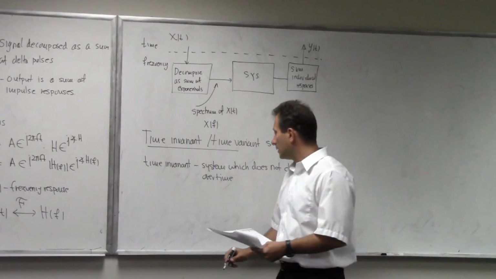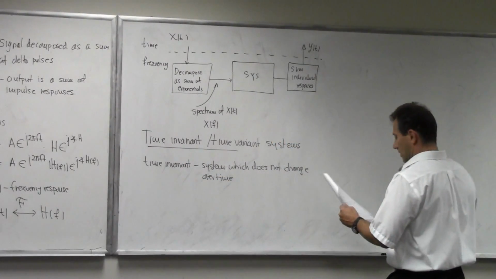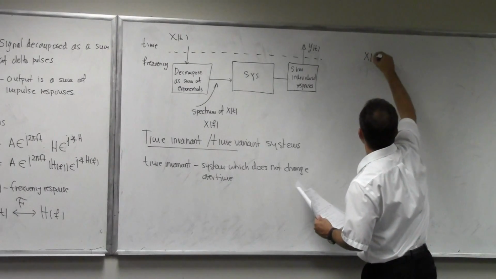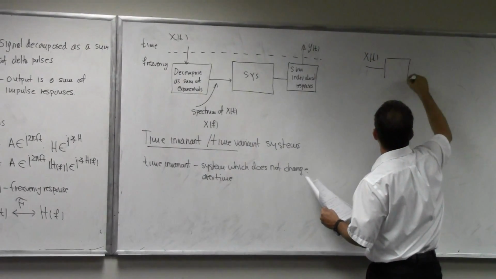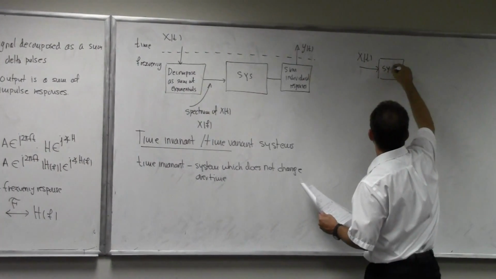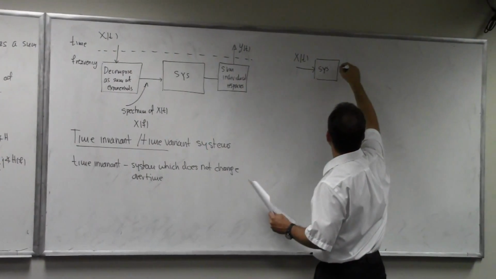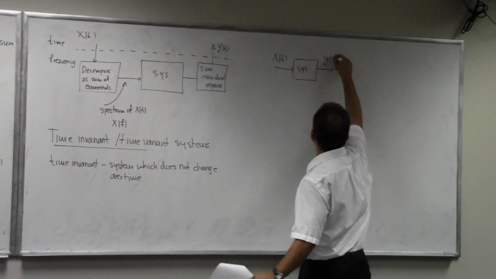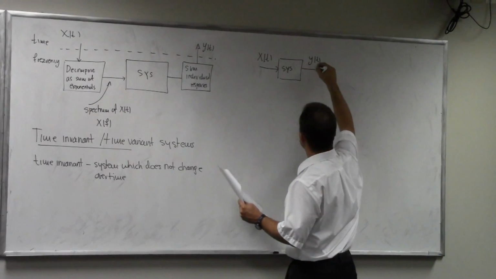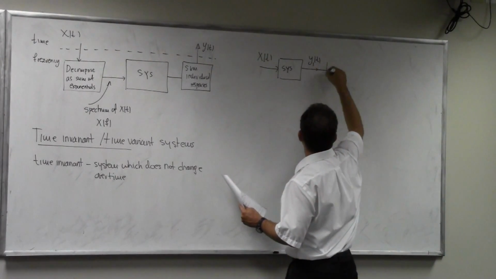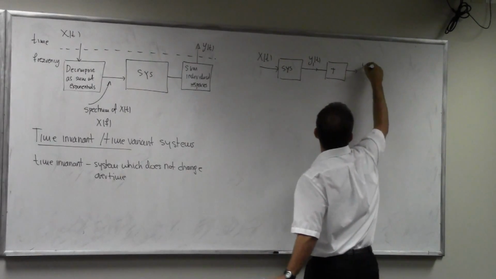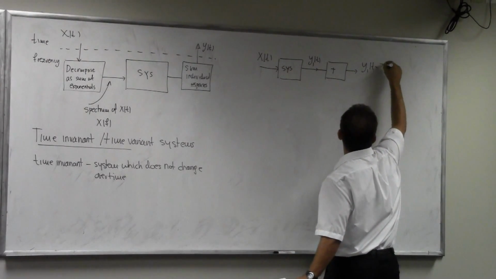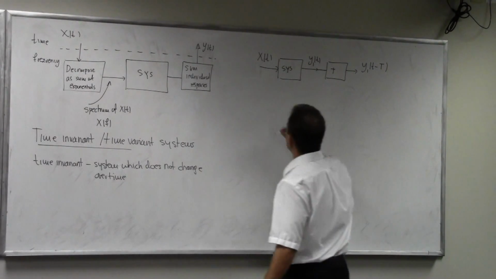In a block diagram kind of way, we can consider this x of t, and let's say I present this input to the system, and I get my signal y of t. I call it here y1 of t. And then let's say I delay this y1 of t, so I get y1 of t minus capital T.